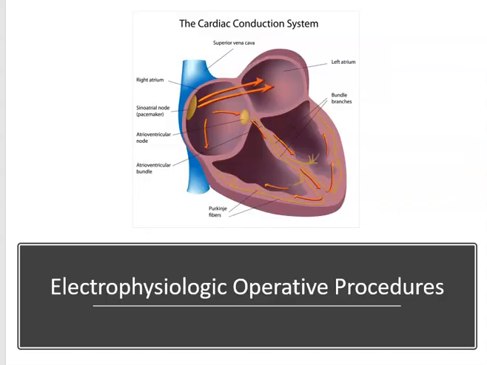All right, next up, going to go over to page 224, and here we're going to look at EP operative procedures. And EP is the abbreviation for electrophysiology. And electrophysiology is actually a specialty where the doctor studies the electrical activity and pathways of the heart.